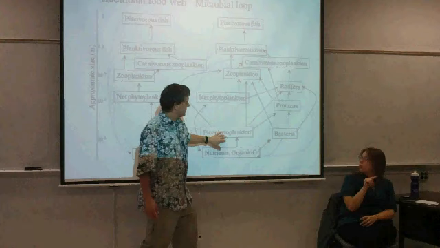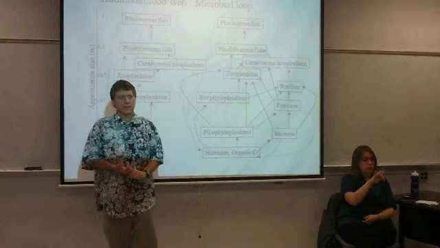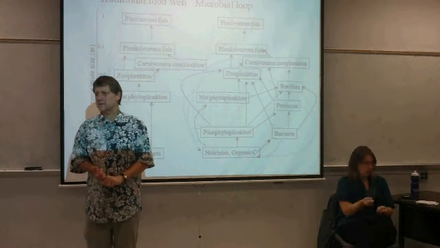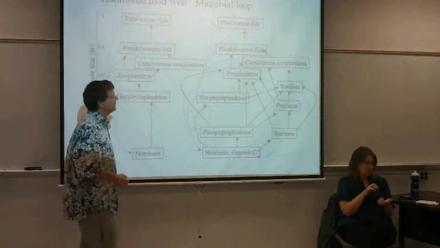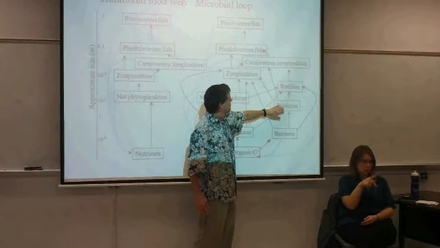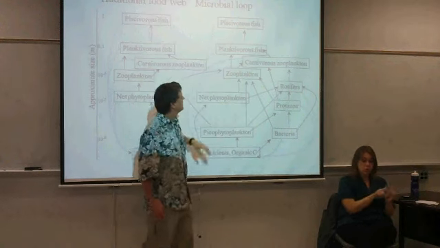And rotifers can graze on these different things. We've seen rotifers and protozoa in the laboratory. They're common, they're abundant in many freshwater systems, and this is how they fit in. And then eventually these carnivorous zooplankton can perhaps eat these protozoa and the rotifers as well as this phytoplankton.